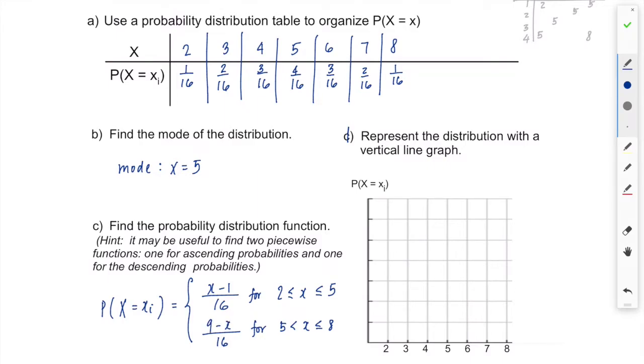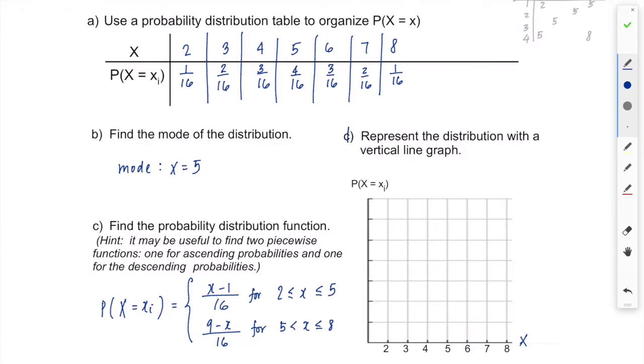Okay. And then in the last part, we are asked to represent this distribution using a vertical line graph. So on the vertical line graph version of a probability distribution, the vertical axis represents the probability, and the horizontal axis represents the discrete random variable, x.